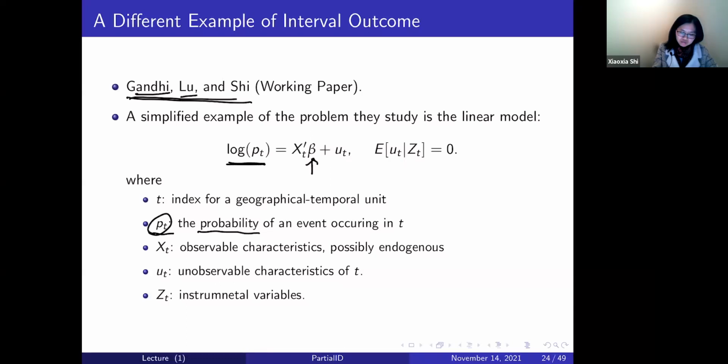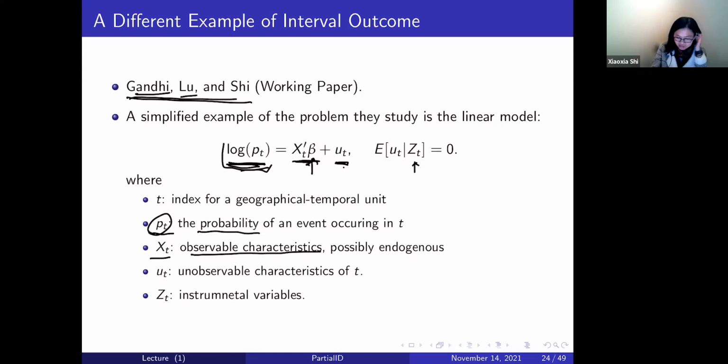That is the measure of the random utility. Log of PT is modeled by this observable part and this unobservable part. Observable part is given by xt times beta, where xt is observable product characteristics, including price, and ut are the unobservable characteristics. And xt might be correlated with ut, and they might have an instrumental variable. So once you get the inverse demand, this becomes a linear IV model, okay?